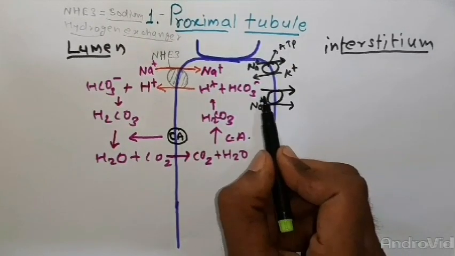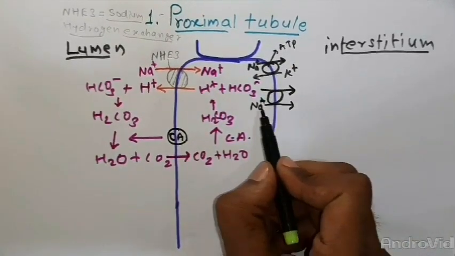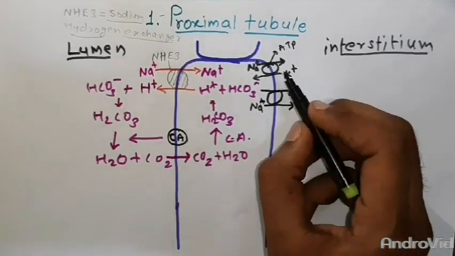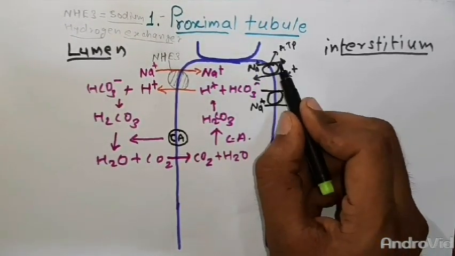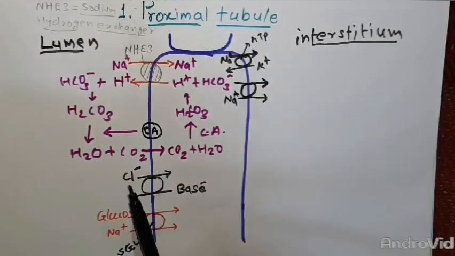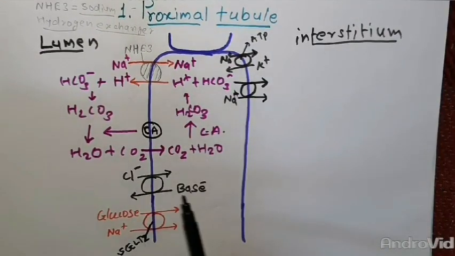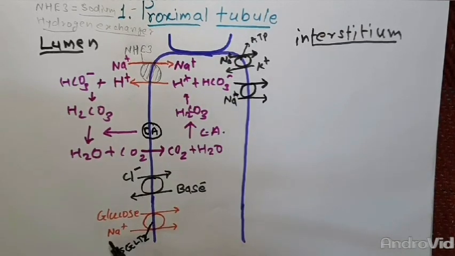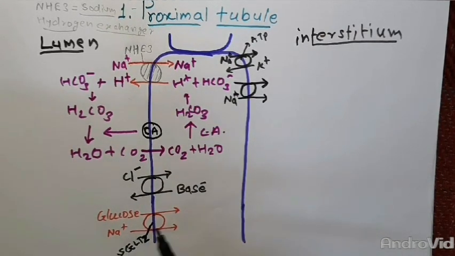Then this bicarbonate ion goes into the interstitium with the transportation of the sodium ion. This is nothing but a sodium potassium ATPase pump. The chloride ion is also exchanged with some negatively charged anions. The glucose and the sodium ion are also co-transported with the help of sodium glucose transporter 2.